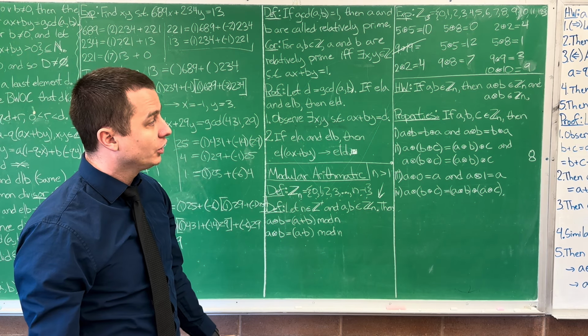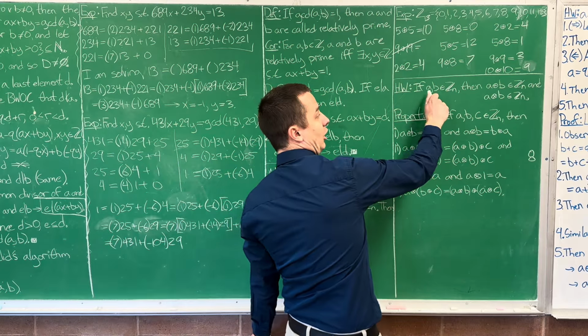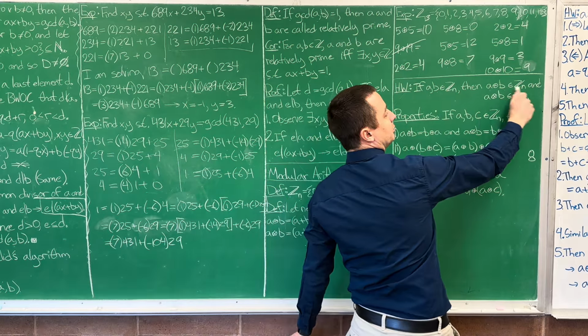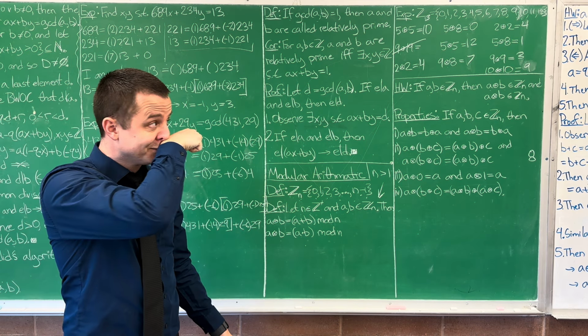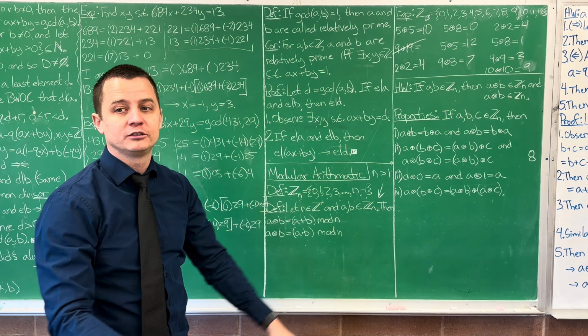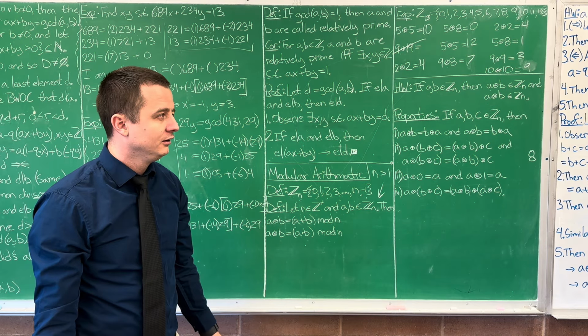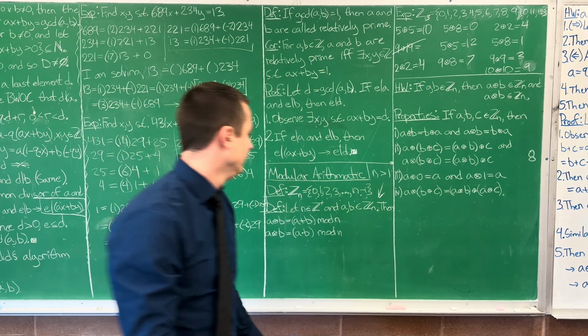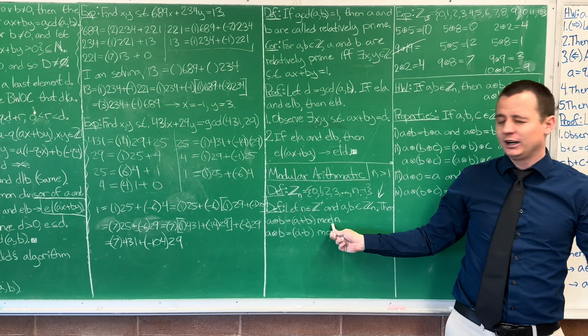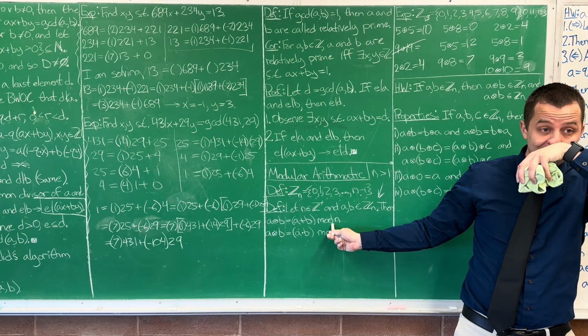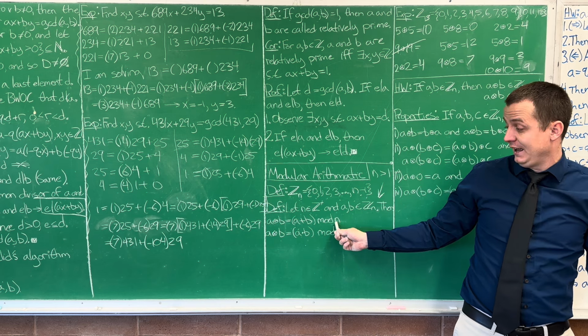One of your homework problems is going to be to show that if A and B are in Z sub n, then A plus B is also in Z sub n, and A times B is also in Z sub n. So it's closed on those operations. It's impossible for them to output a number not in Z sub n. Now, this almost makes perfect sense. When we add them together, we mod by n.